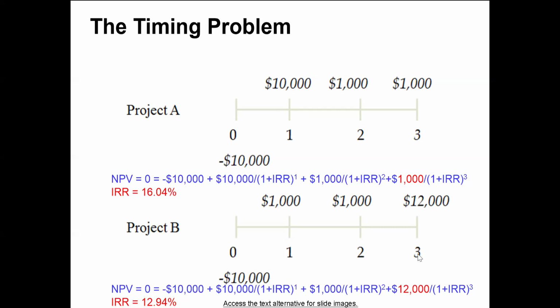Because of this difference in the timing of the cash inflows, project B is more sensitive to the discount rate, while project A is less sensitive. So when the discount rate is lower, project B is more profitable.